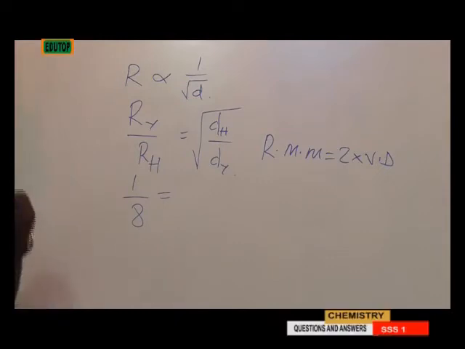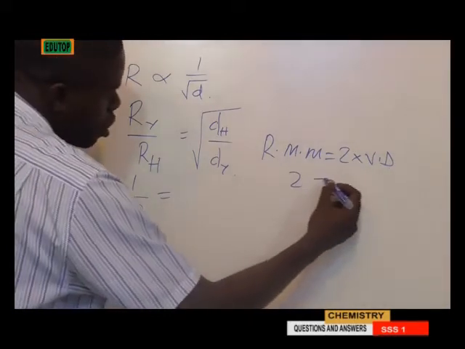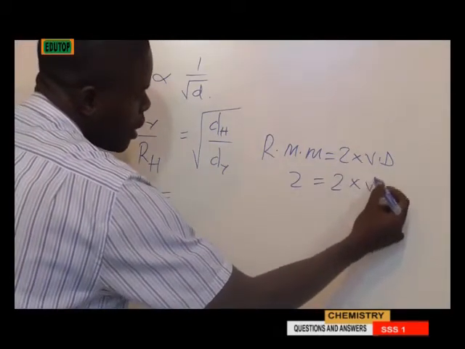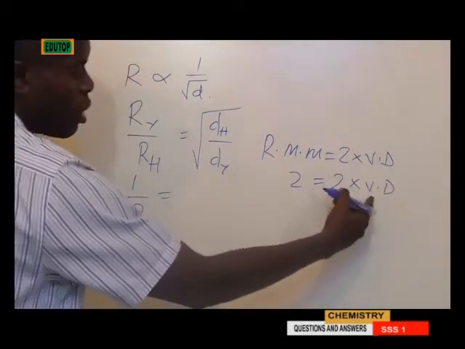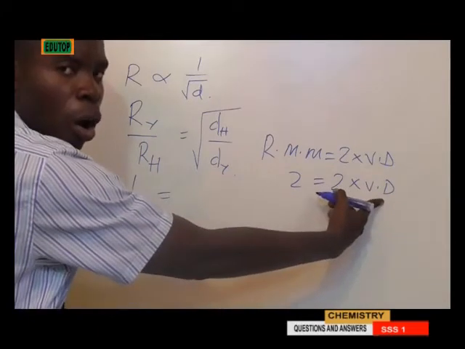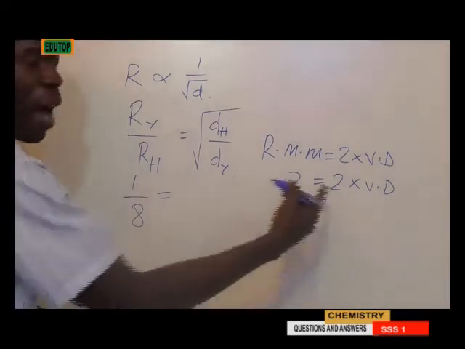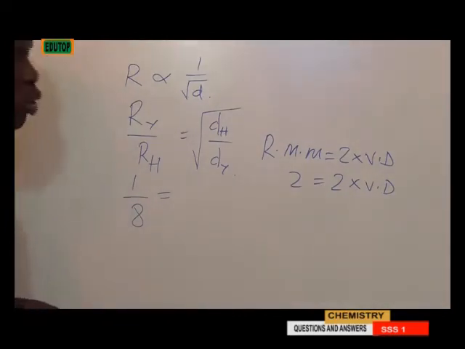That means since the relative molecular mass of hydrogen is given in the question to be 2, which is equal to 2 times vapor density. To look for the vapor density of hydrogen, you divide both sides of the equation by 2.